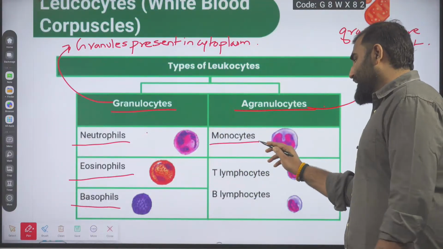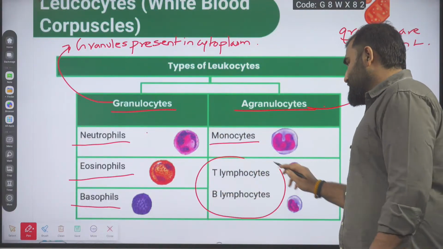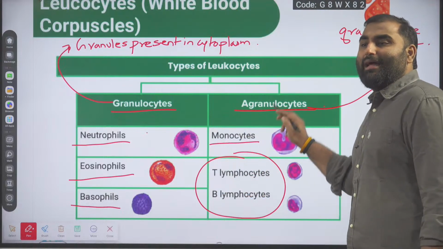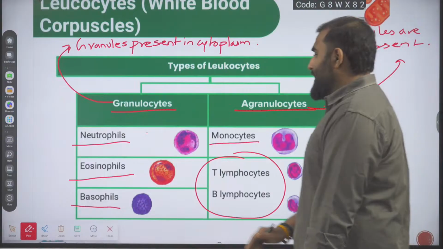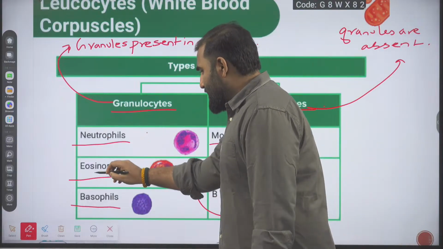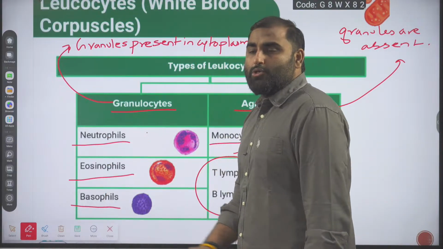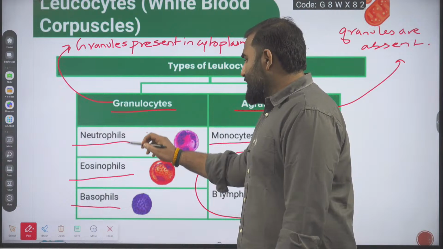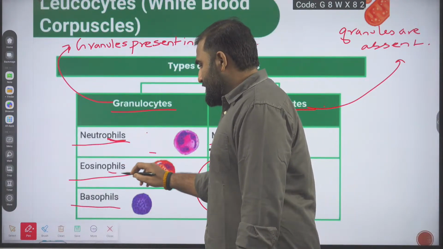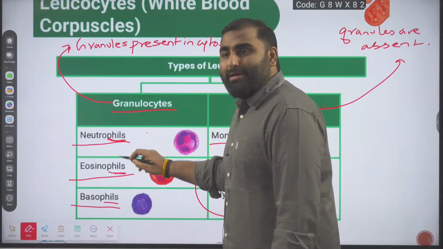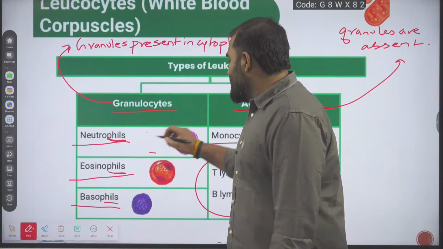Agranulocytes are monocytes and lymphocytes. Now why are these called neutrophil, eosinophil, basophil? Let's see one by one. Phil means to like.